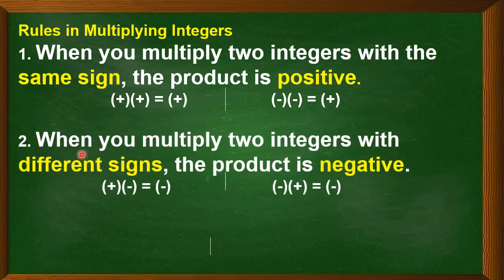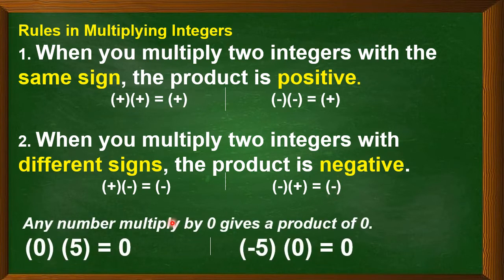Another rule, when you multiply two integers with different signs, the product is negative. Remember, different signs, negative. So positive times negative is equal to negative, or negative times positive is equal to negative.